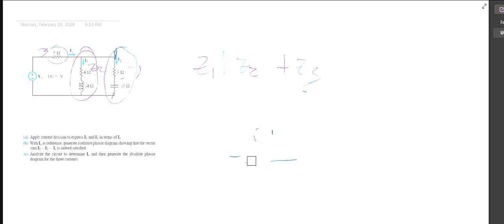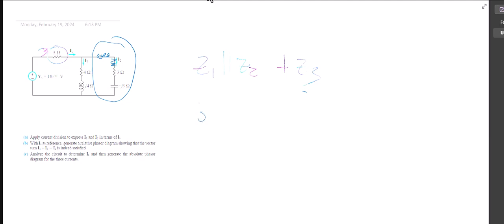Now, would it matter if I had an additional element in here? So if I had, say, on this branch another inductor and another resistor. Would that matter? No. This branch would be all of those things in series.